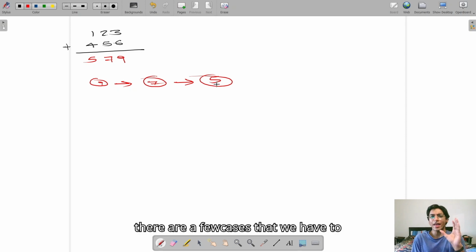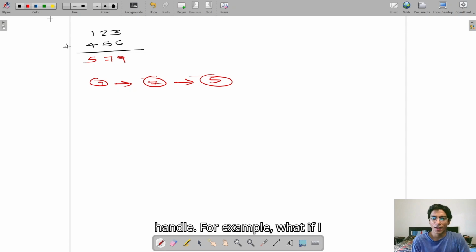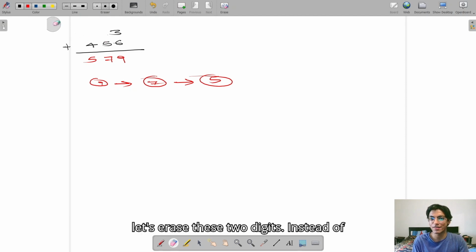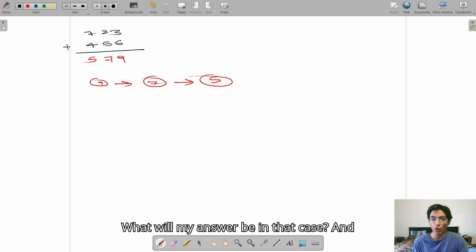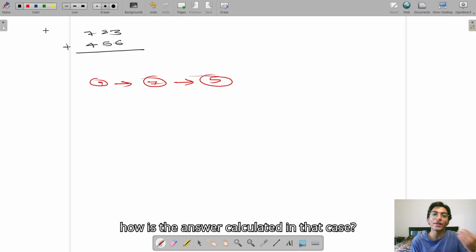But there are a few cases that we have to handle. For example, what if I decided that this right here, or let's erase these two digits. Instead of this, I will put 7 and 8. What will my answer be in that case? And how is the answer calculated in that case?